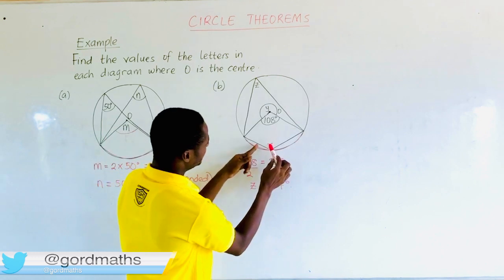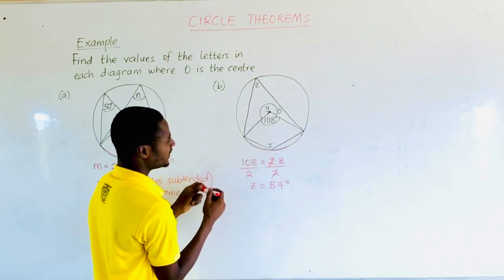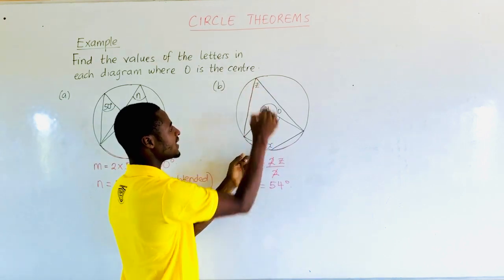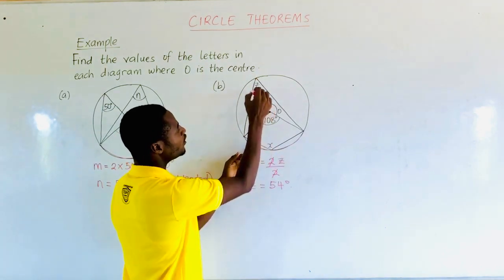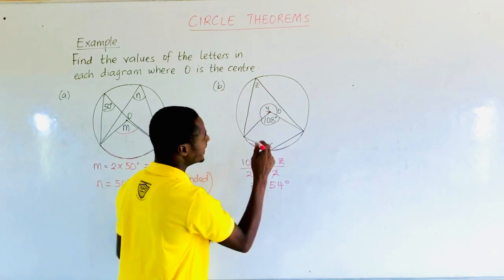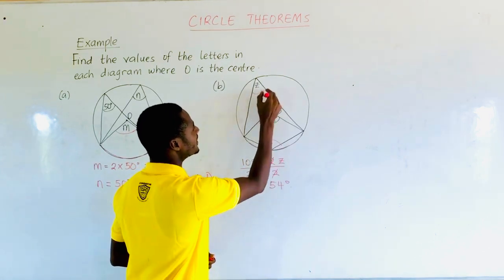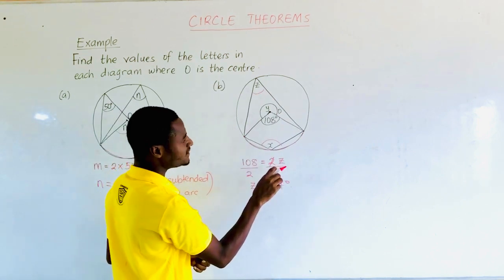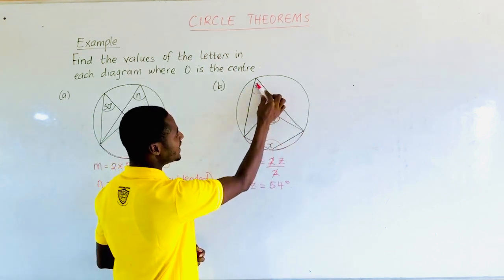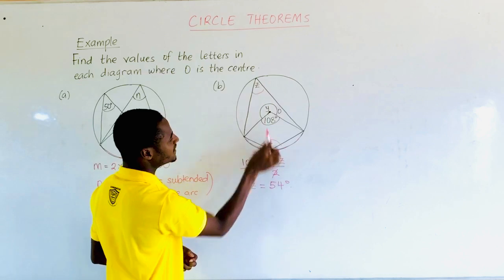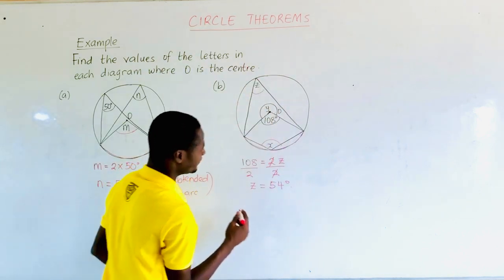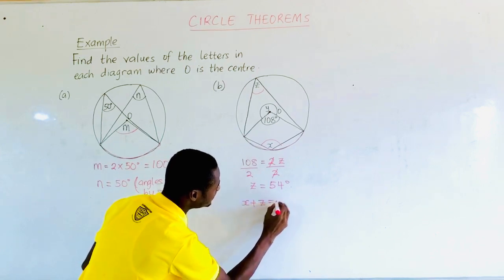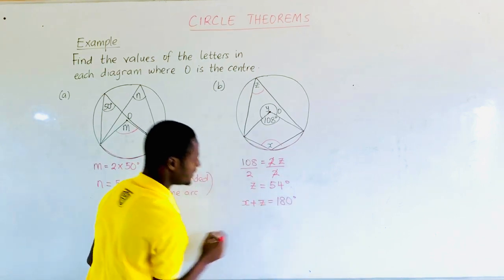Now in finding the value of x here, our fourth theorem says that the opposite angles of a cyclic quadrilateral, that is a quadrilateral inside a circle, add up to 180 degrees. And so since z and x are opposite angles of a cyclic quadrilateral, we would say that x plus z is equal to 180 degrees.